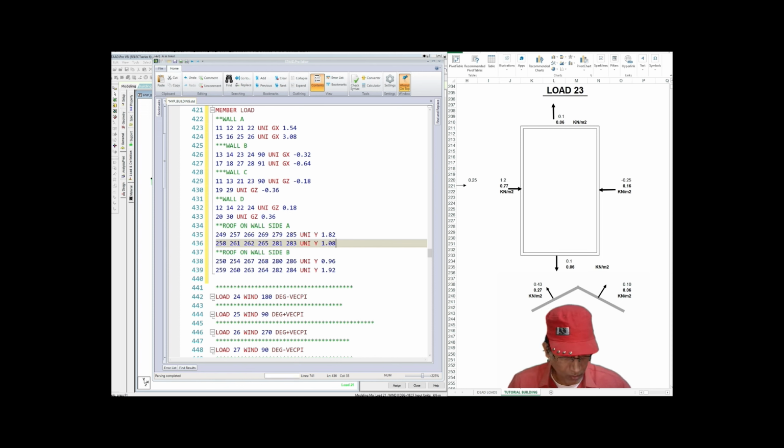Then for the rafter on wall side B, 0.06 into 2 is equal to 0.12. And 0.06 into 4 for intermediate rafter is 0.24.